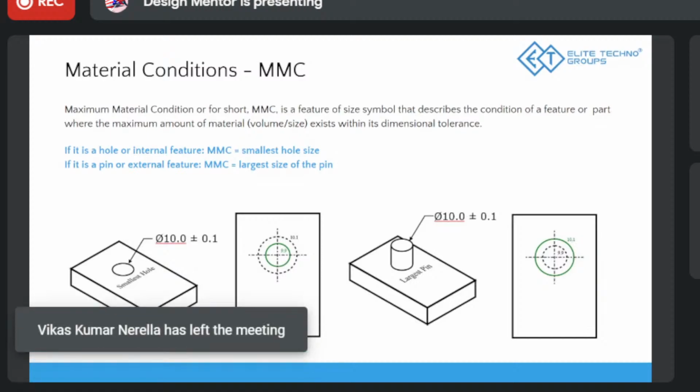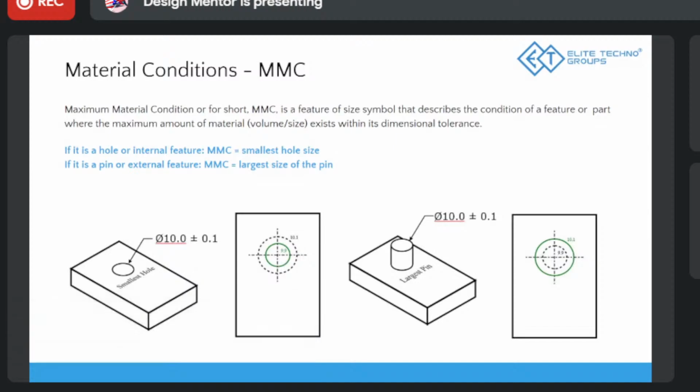So it could be a 9 mm shaft, a 10 mm shaft, or an 11 mm shaft. So which one of those three shafts is the maximum material, do you think? Which size? Anyone?